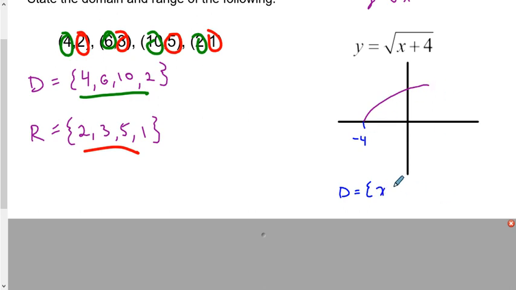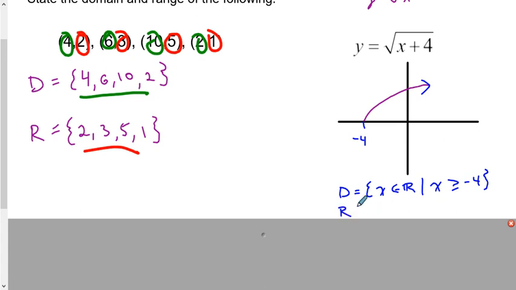So the first thing I've got to say is that x is an element of real numbers, meaning there could be any of the values in there. But I notice, because this keeps going on forever, I can have any positive x value to the right, but I can't have anything that's less than -4. So I'm going to say the domain can be anything such that x is greater than or equal to -4. That's how I do my domain for that.